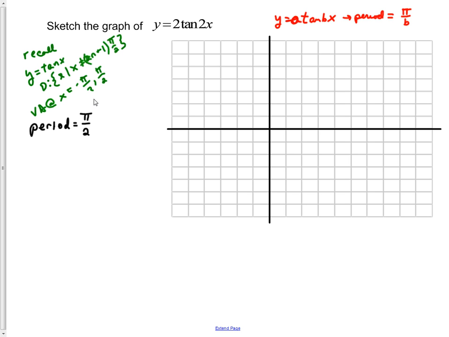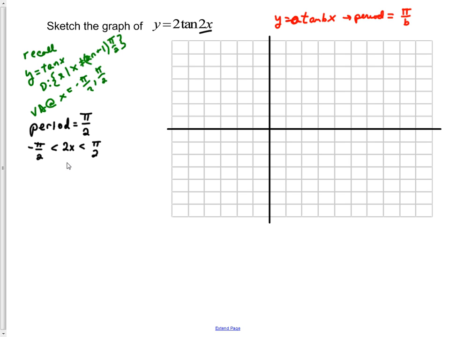Now, how does that affect us? Well, remember that our vertical asymptotes were at negative pi over 2 and positive pi over 2. So if we would normally put one cycle between negative pi over 2 and positive pi over 2 for the function tangent of x, we're going to take our argument 2x right here and put that between negative pi over 2 and positive pi over 2.